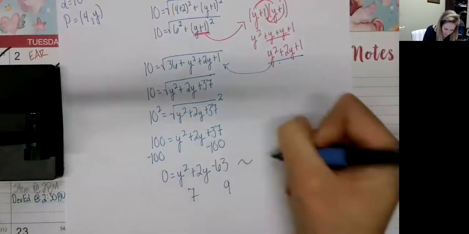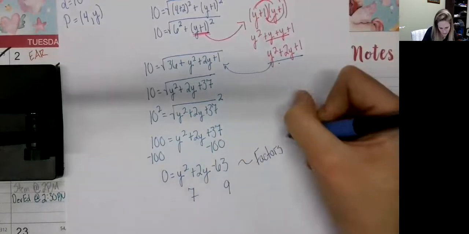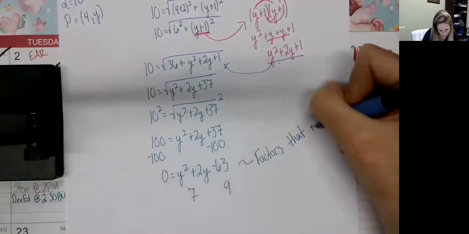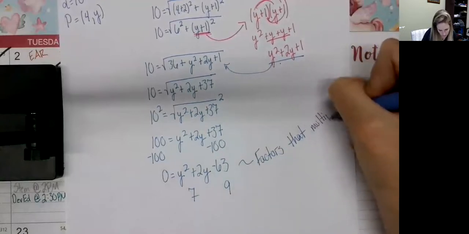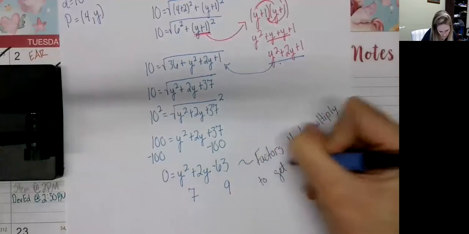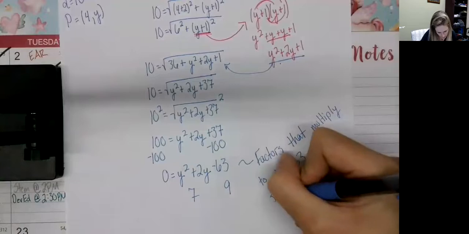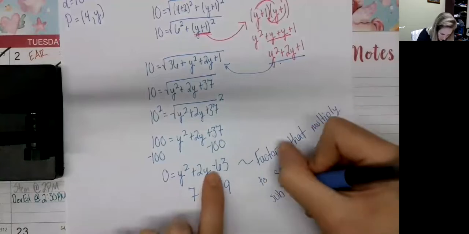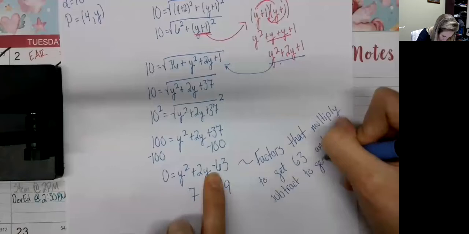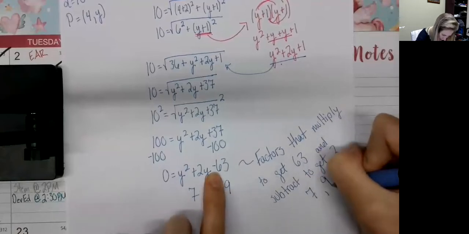I'm going to write right here: factors that multiply to get 63 and subtract because of this sign to get 2, which is 7 and 9.